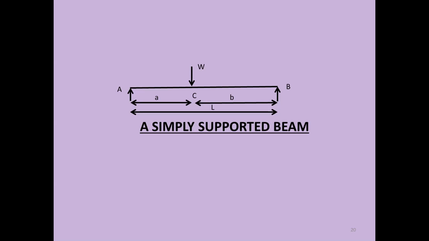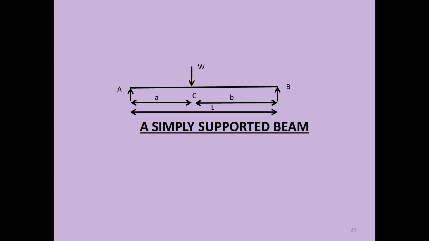For the section AC, we are going to find an expression for the moment, which is going to be different for the section BC. What I want to say is both the section AC and BC are going to have different expressions for the value of moment.